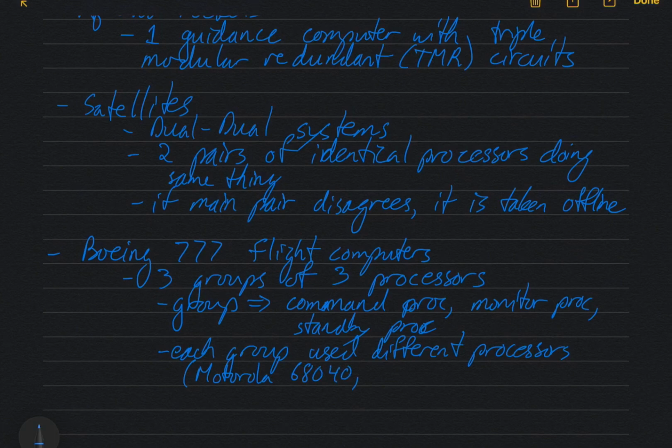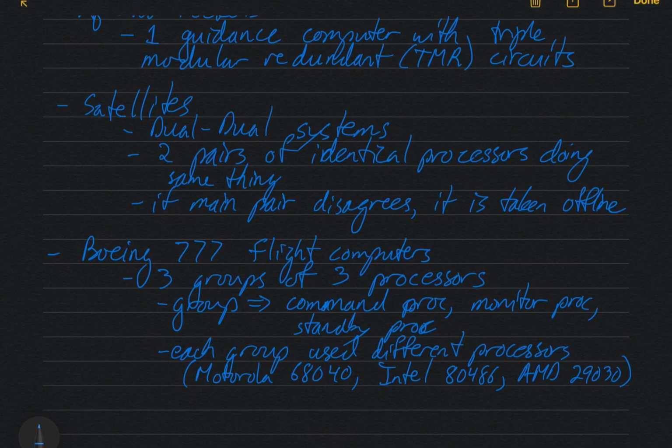These were 32-bit processors, not pipelined, manufactured in the 80s. I think it was the 68040 that was in the first Macintosh computer. And another group used Intel 486s, or we usually just call them 486s, precursors to the Pentiums, and AMD 29030, so with similar capabilities.